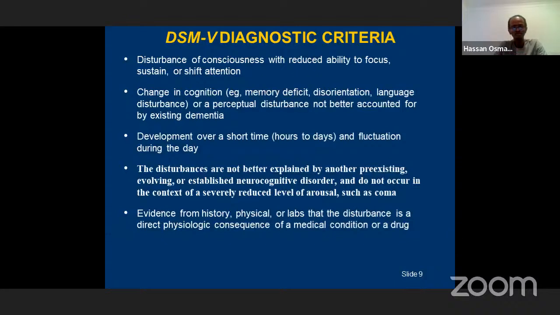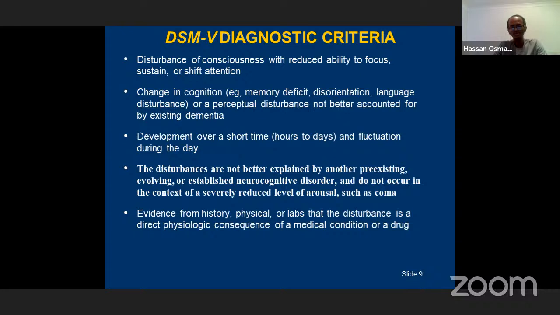There is evidence from the history, physical examination, or lab disturbance. So you do have some kind of evidence. Don't forget the medical condition, and as Dr. Nader said, the drugs or the medication. DSM-5 has only added number 4: disturbance not better explained by another pre-existing, evolving, or established neurocognitive disorder.